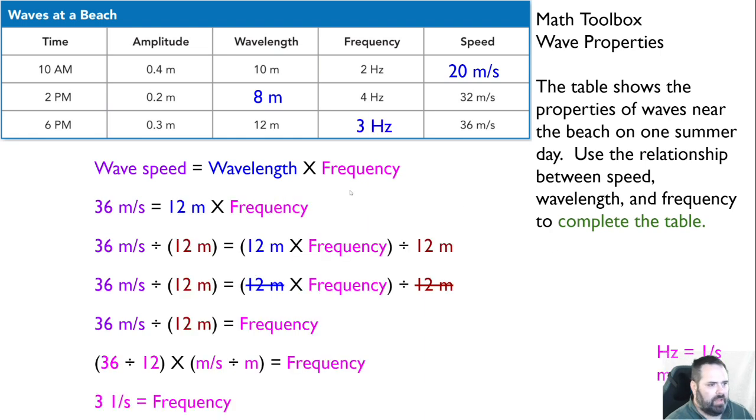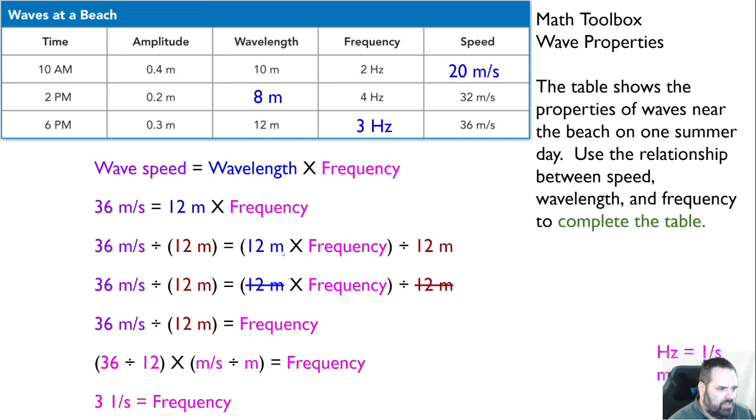Okay. For our last one, we want to solve for frequency. We've got wave speed equals wavelength times frequency, right? We know that it's 36 meters per second, that's its speed. We know that its wavelength is 12 meters, and we want to solve for frequency. So we plug those in. We get 36 meters per second is equal to 12 meters times frequency.